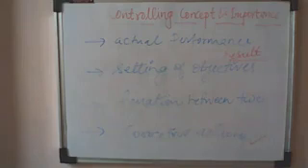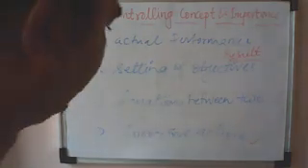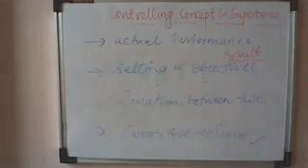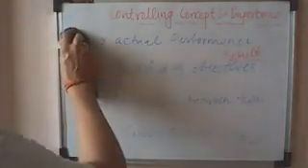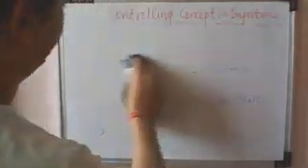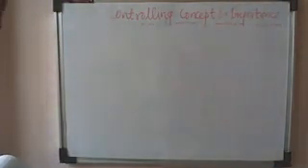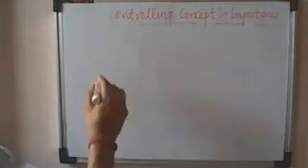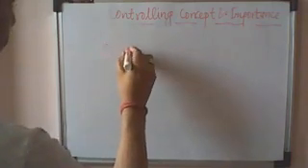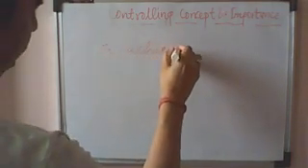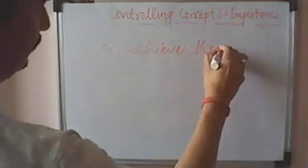So for this purpose, following are the points to describe the role of controlling, and these are: first is accomplishment of organizational goals, to achieve goals.